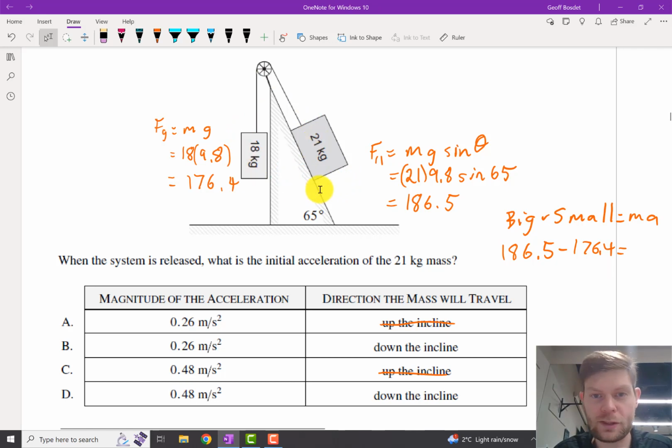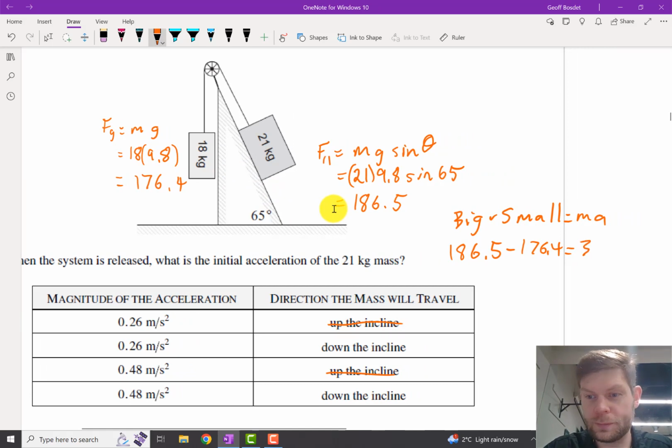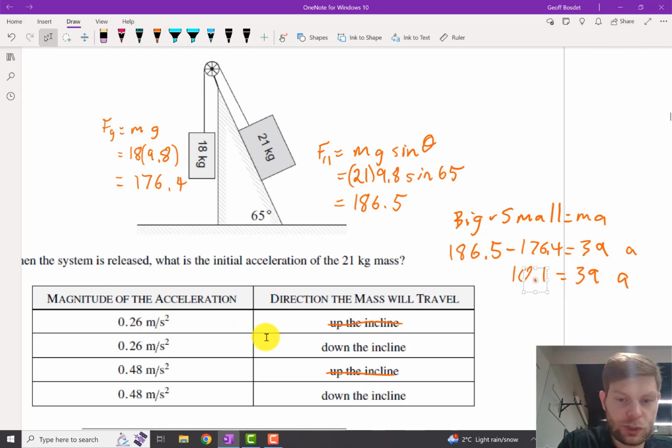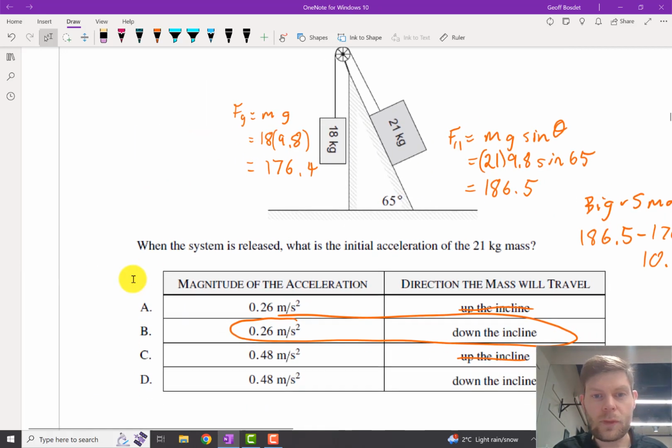We're going to use the whole mass. 21 plus 18 would be 39. And that's times the acceleration. So we just got 10.1 equals 39 times a. 10.1 divided by 39 is a little bit more than a quarter, so it would be 0.26. 0.26 down the incline. Boop. There you go. That's how you do that one.